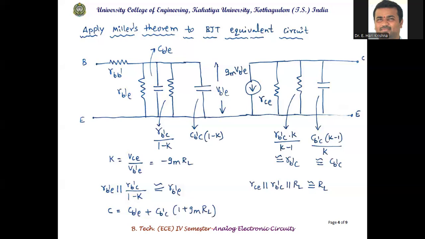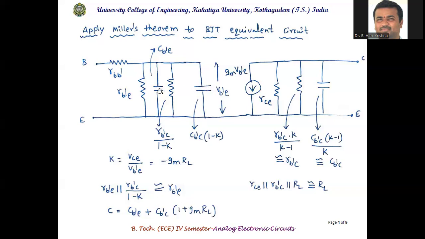So with two unequal impedances, one very high and one very small, the parallel combination always leads to the smaller value, so it is represented here as RL. Similarly, at the input side, RB'E in parallel with RB'C by (1 minus K) is also equivalent to RB'E.